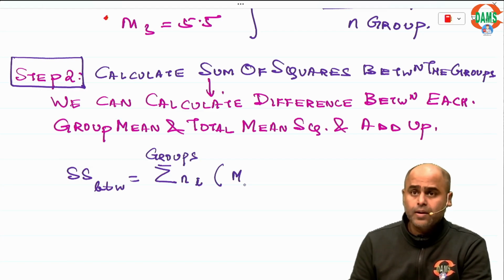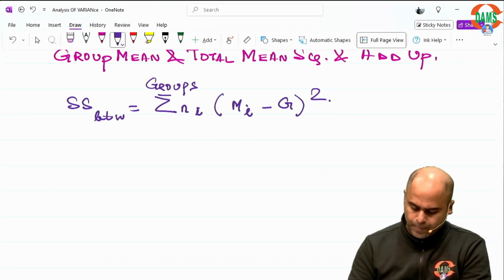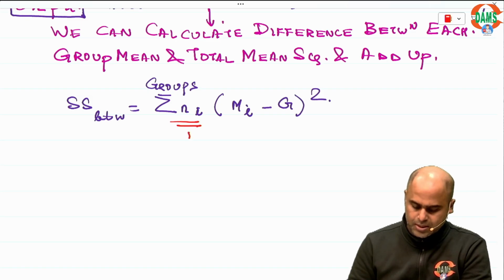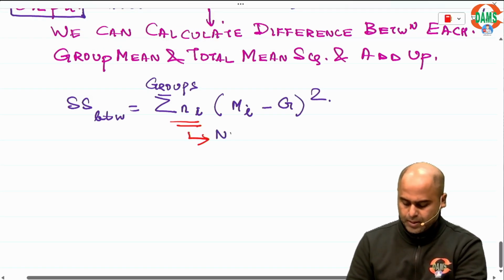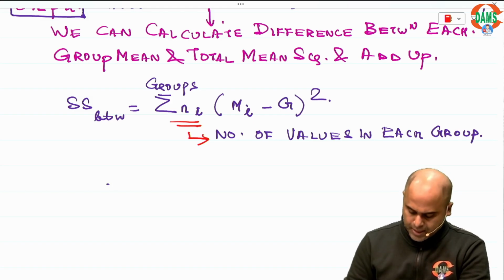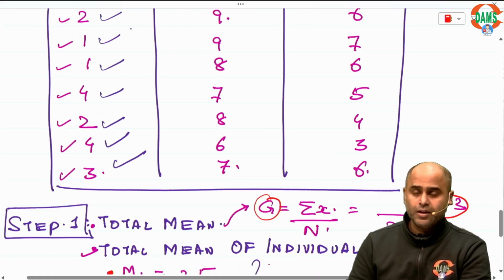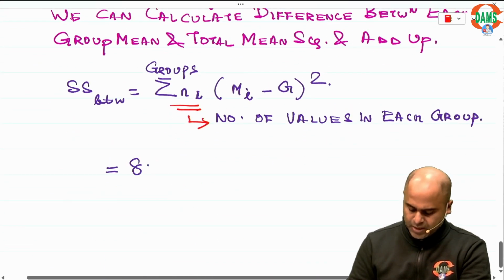n_i (M_i minus G) squared. Now what is this n over here? This basically refers to the number of values in each group. Now guys, in the example, the number of values: 1, 2, 3, 4, 5, 6, 7, 8. We had 8 values in each group.